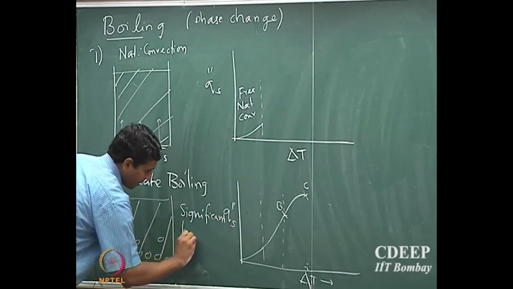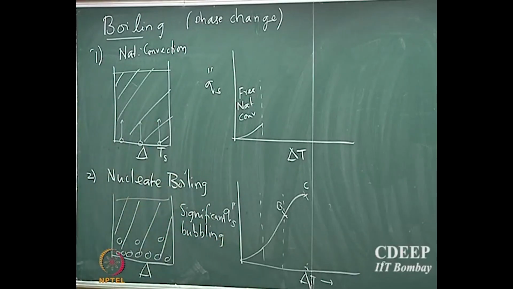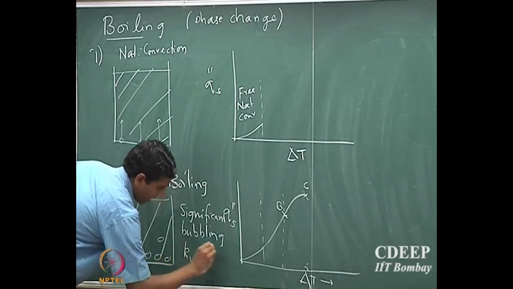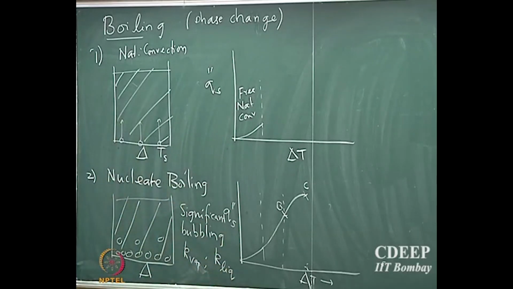So now the heat transport is not just by free convection, because a good fraction of the bottom surface is in contact with the vapor bubbles. Therefore, the heat transport is going to be both because of the sensible heat carried by the vapor and the sensible heat carried by the liquid phase of the same fluid. So now the phase change has affected heat transport by both the liquid and the vapor phases.